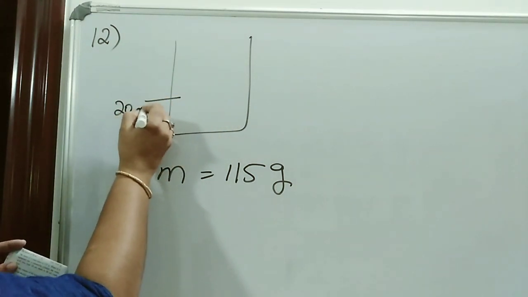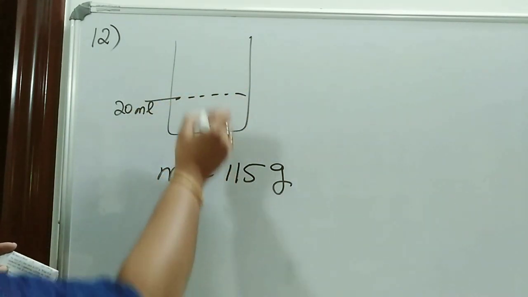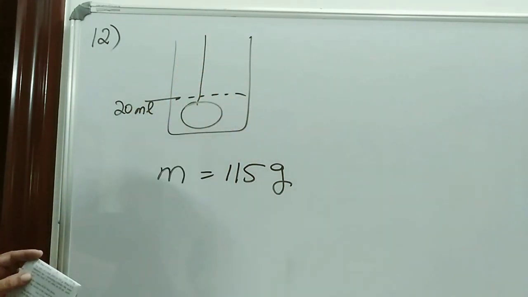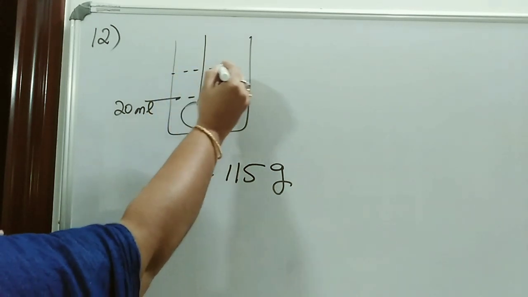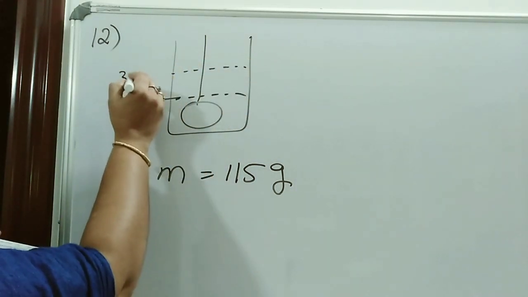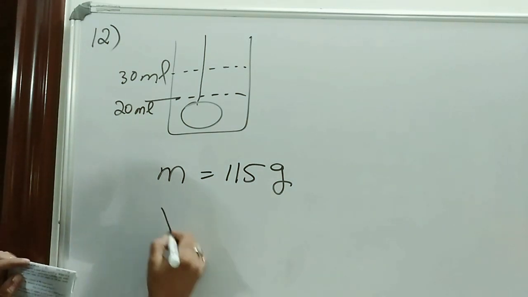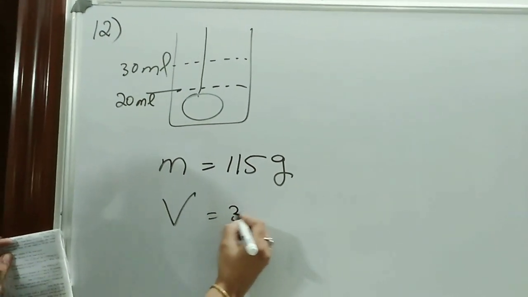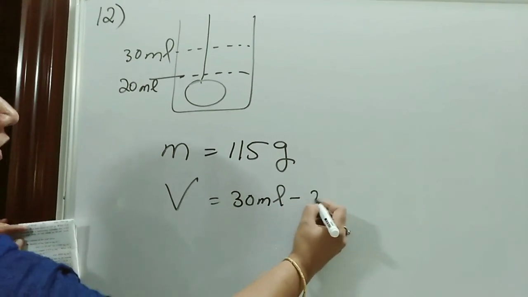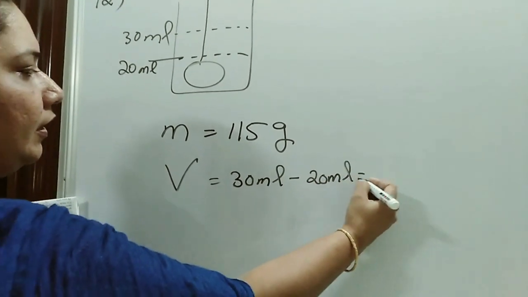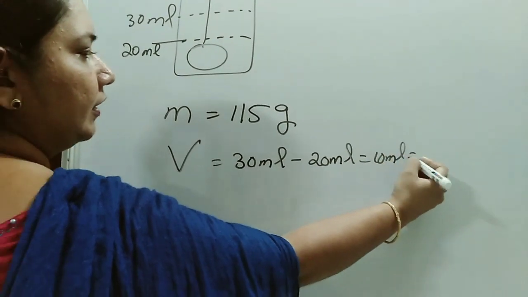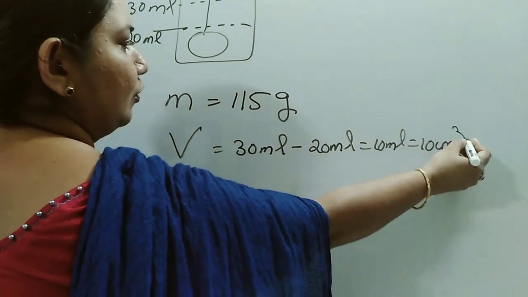So the initial level of the water is 20 ml. After immersing the lead piece, the water level rises to 30 ml. So from that it is clear which physical quantity is given: volume. Volume is 30 ml minus 20 ml, that is 10 ml, that is 10 centimeter cube.